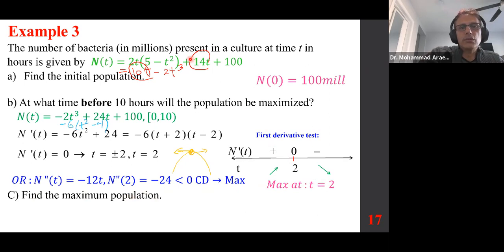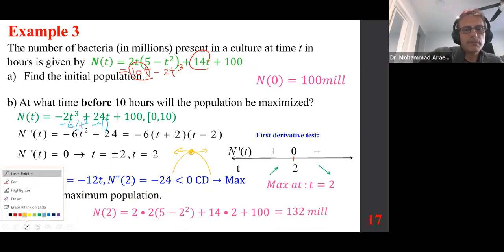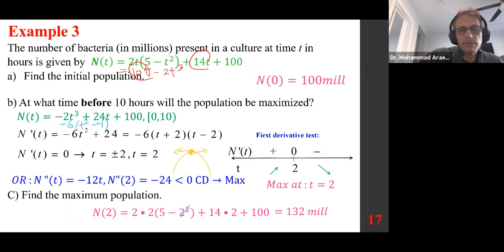Plug in 2 into the original function. I hope you realize this is 4. 5 minus 4 is 1, okay? Just in case. And when you do the math, you get 132. This is 4. This is 1.